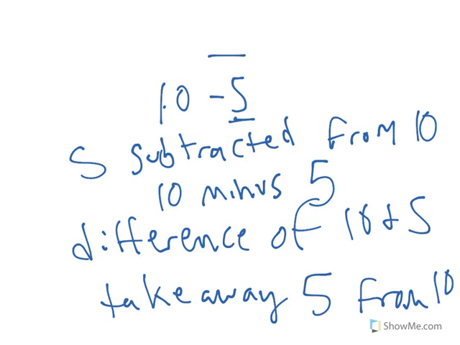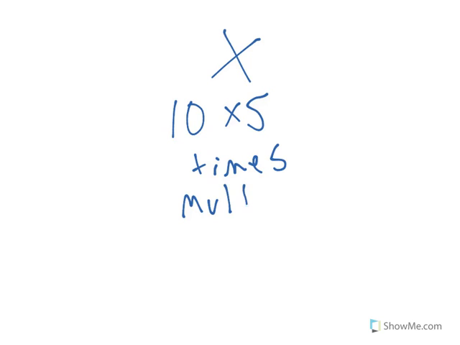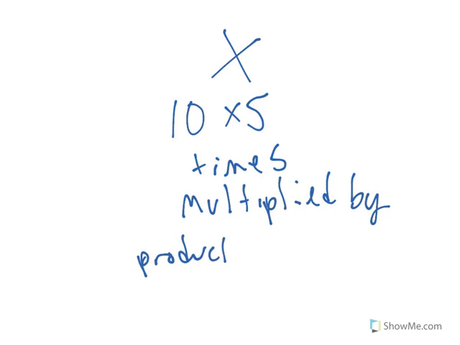Now let's go to multiplication. We'll keep using the same numbers. Let's use 10 and 5 again. So 10 times 5 is the problem. One way we can just say that is 10 times 5. Another one is multiplied by 5. Another way is the product of 10 and 5. And the last way would be 10 groups of 5.